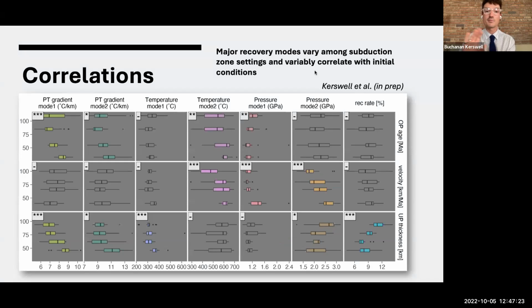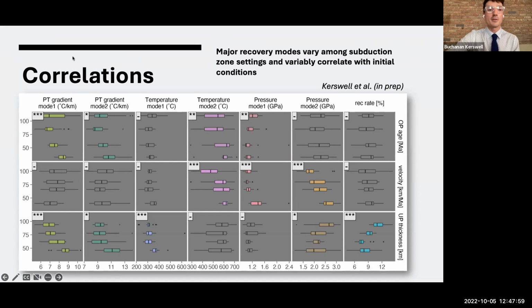This next plot has a lot on it, so I won't walk you through the whole thing, but the notion here is that where markers are getting recovered does vary with respect to the initial conditions for these different models. So the major recovery modes, mode 1 and mode 2, correlate with certain subduction zone parameters, namely the oceanic plate age, the velocity, and the upper plate thickness.